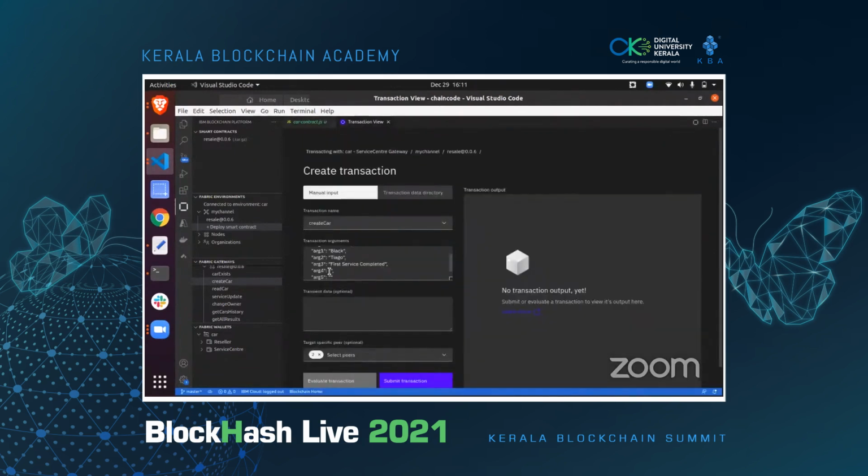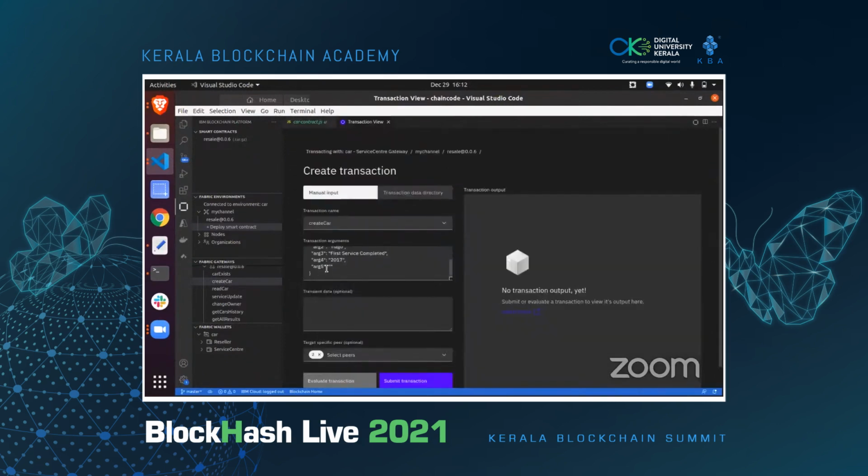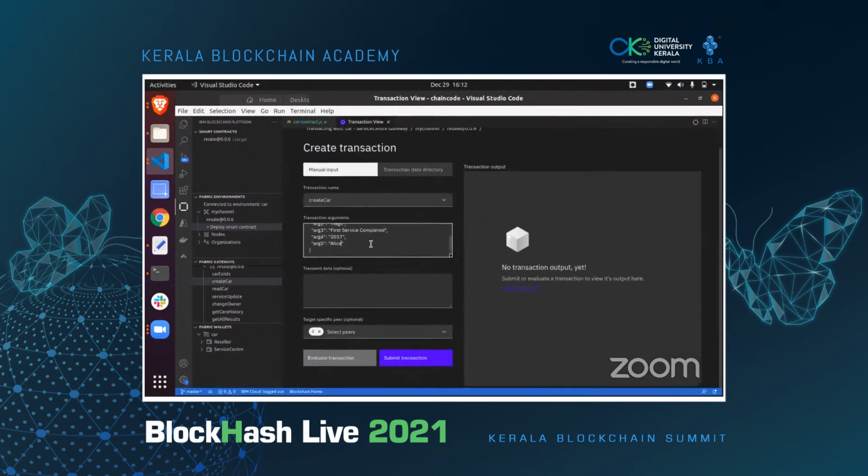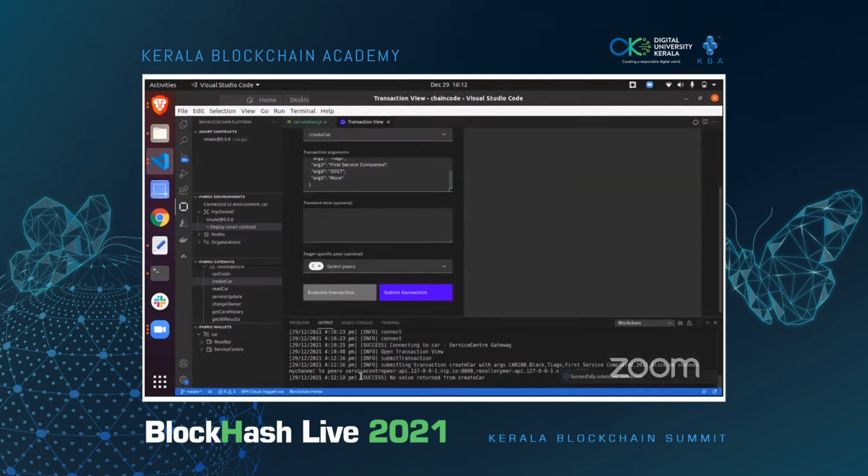Okay, so let us fix it as 2017. And owner, finally this is very important, we'll give it as Alice. Okay, so the create car function will write a new asset onto the ledger. Fine, so it is successful.